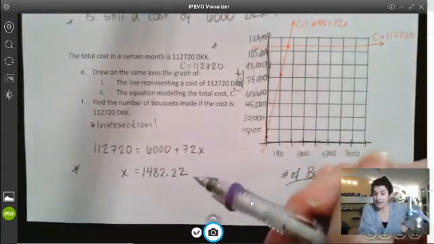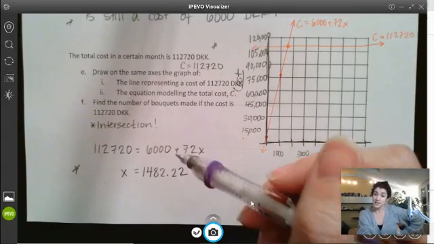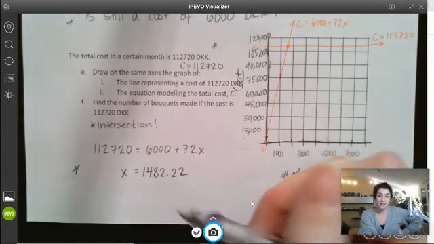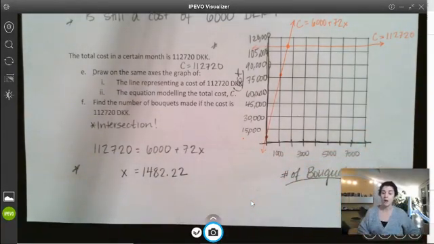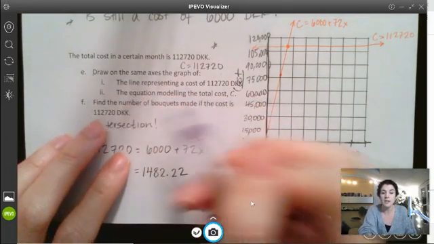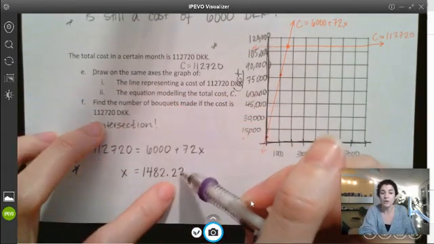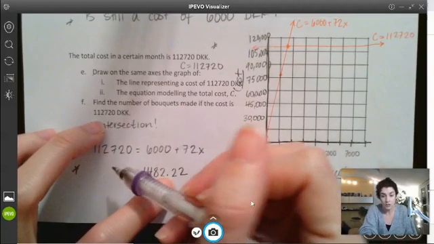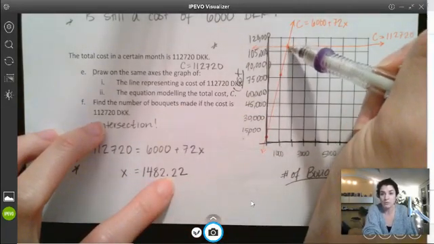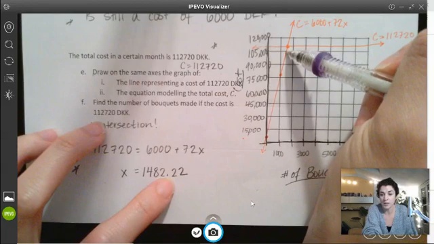So we can't have a decimal of bouquets. We need to talk about whole bouquets, but we need to think about this in regards to the context of the problem. Now, we're not always following the rounding rules. We need to make sure that we're rounding appropriately. So if the cost is this, if we round down, our cost is going to be less. If we round down from this number, we're going to be below this line.